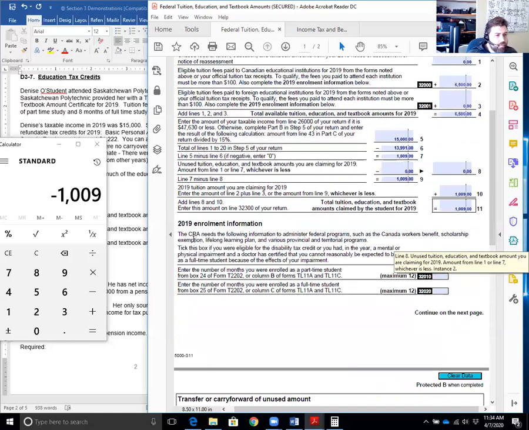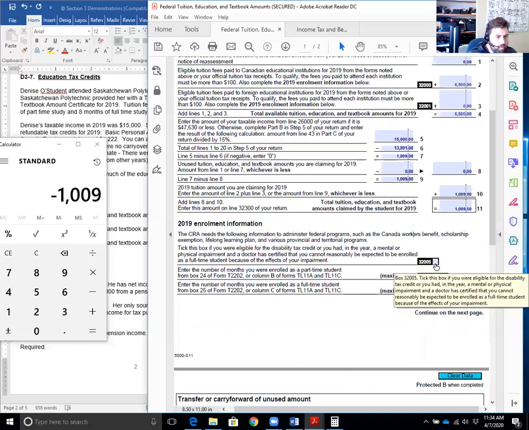So let's fill out this. This is for information. Okay, we're not eligible for the disability tax credit in this question. And enter the number of months you were enrolled as a part-time student.